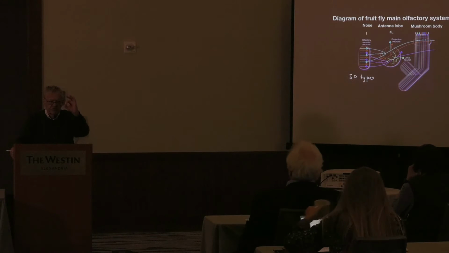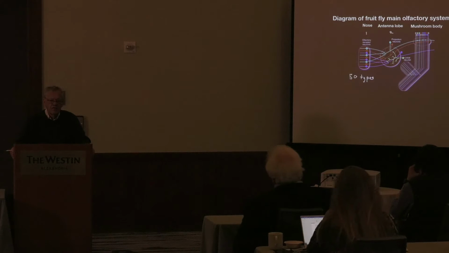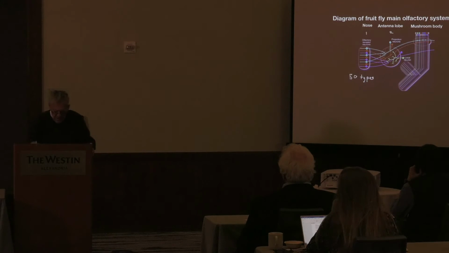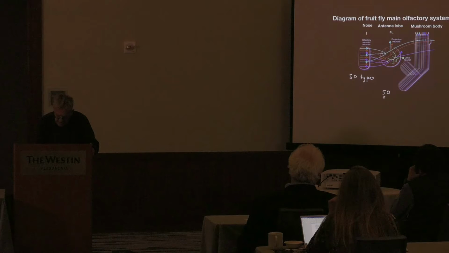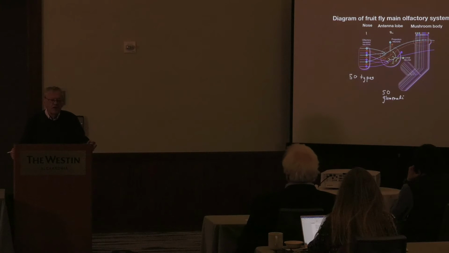They're little spheres of neuropil, which has dendrites and axons in it. Every one of the neurons of each type sends all of its axons to one glomerulus.